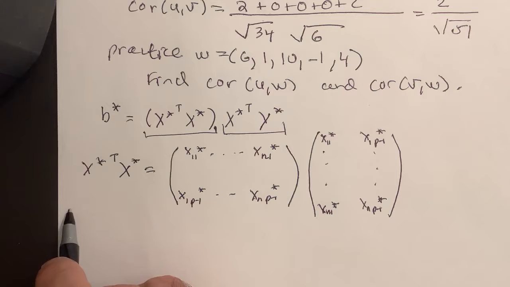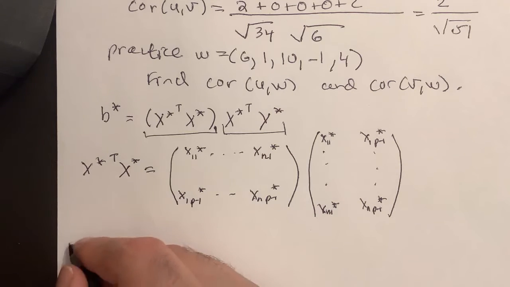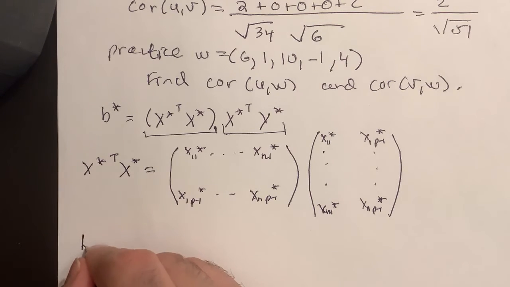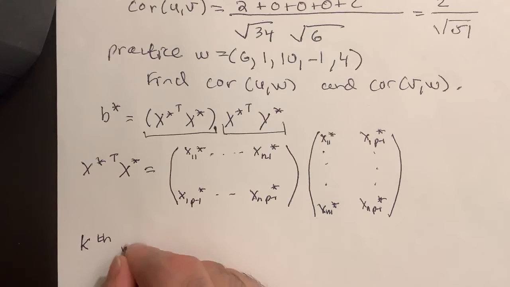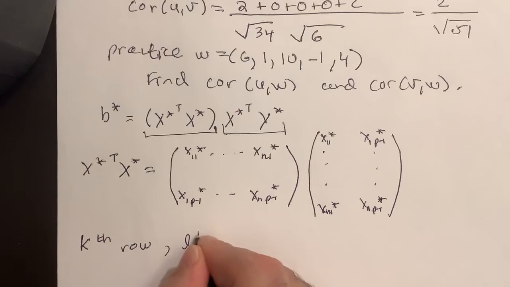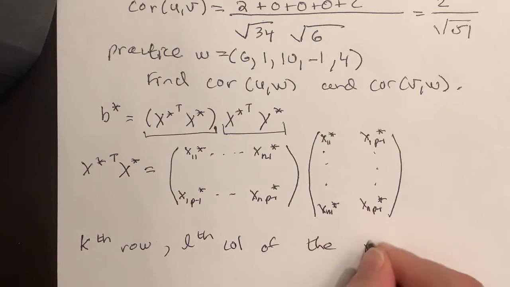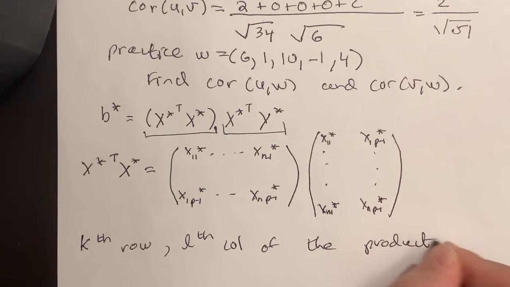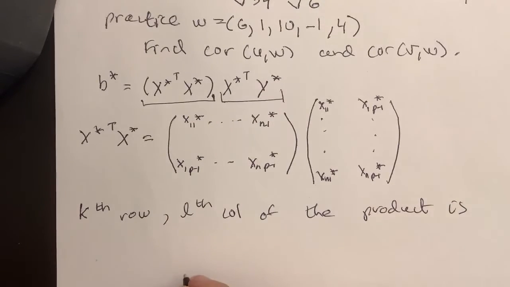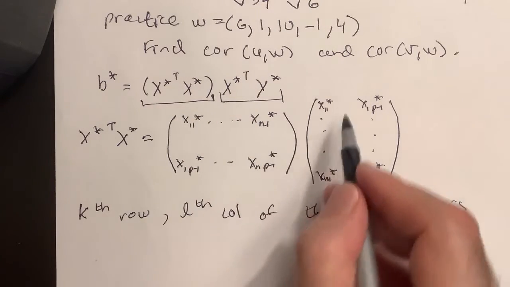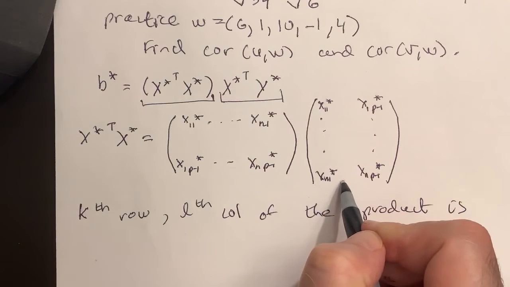Say, what is the k-th row, l-th column of the product? Well, I would take the k-th row here and take the dot product with the l-th column here.